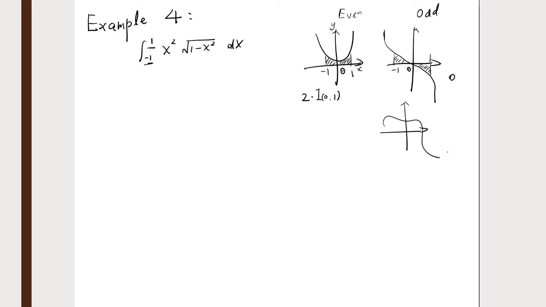Once we make sure that it's an even function, we can further write it as 2 times the integration from 0 to 1 of x squared times the square root of 1 minus x squared.